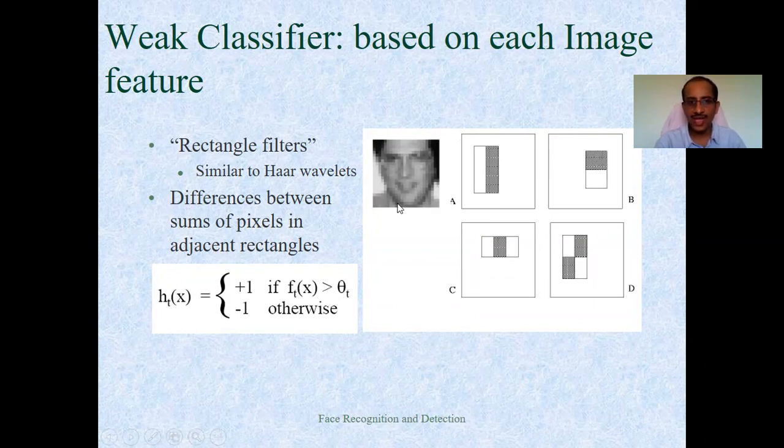And now if I put this at this location, the value is not greater than the threshold. So I simply throw away this feature at this location, saying that it is not a face. That's the simple classifier. If I put this at this location, I may be able to say that the correlation with this filter is greater than the threshold.